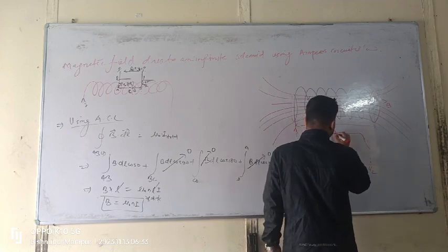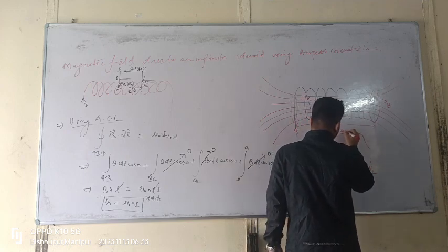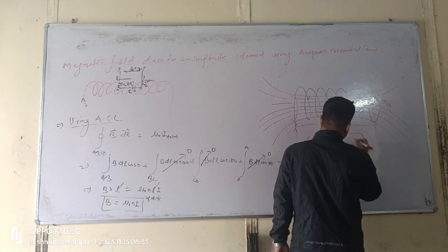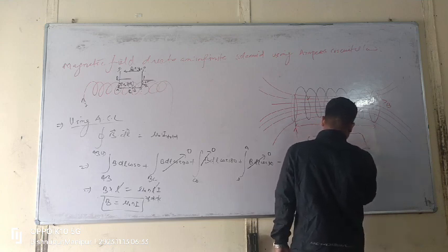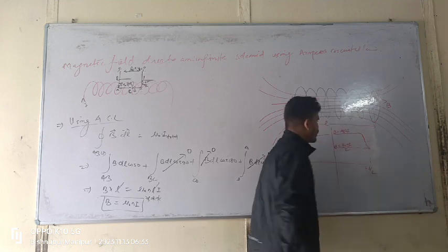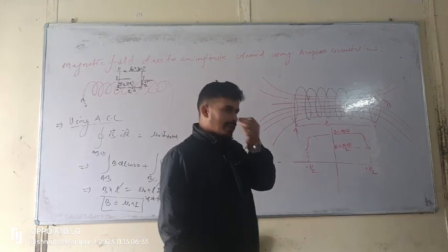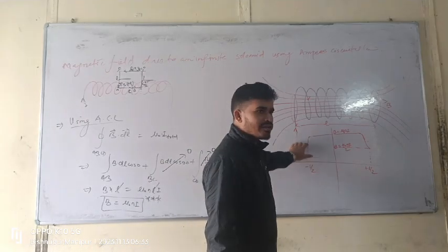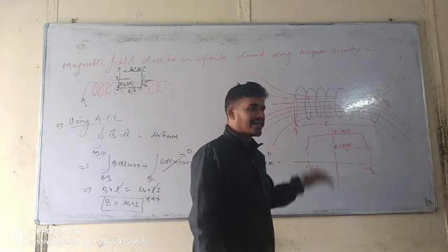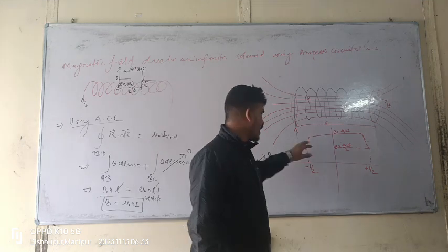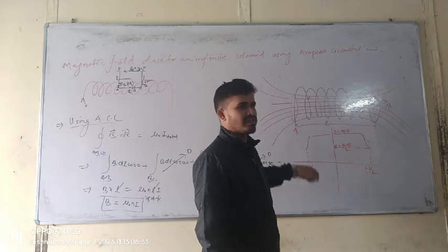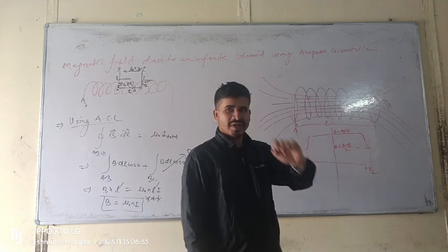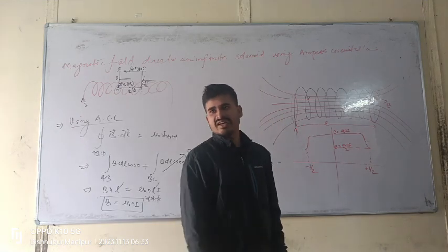This is B equal to mu naught Ni. And what about this? B equal to mu naught Ni by 2. Here at the end it got decreased. Actually it is not a sudden decrease to zero, or a sudden half. It got decreased gradually, but in this way. Got this idea?